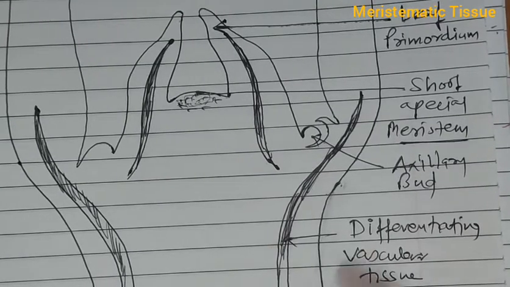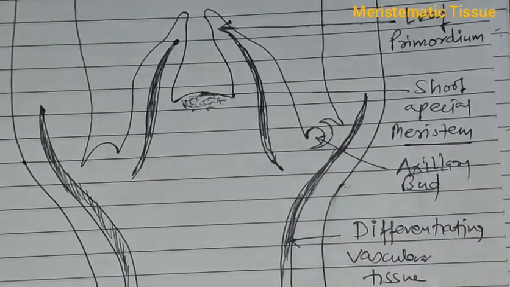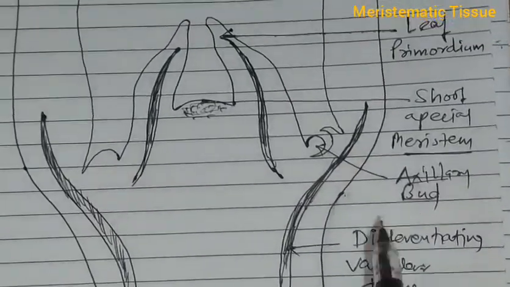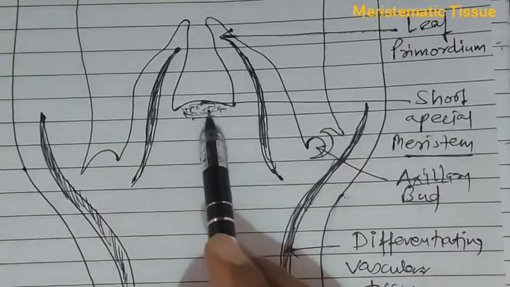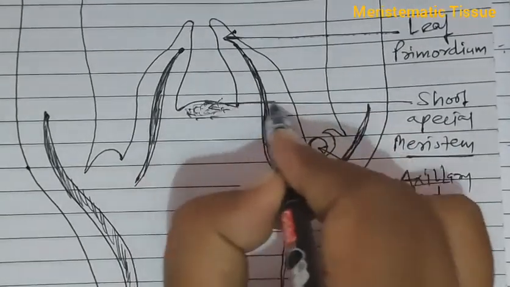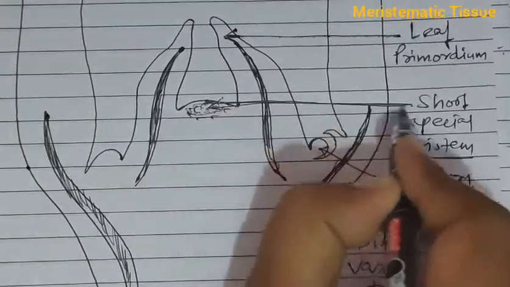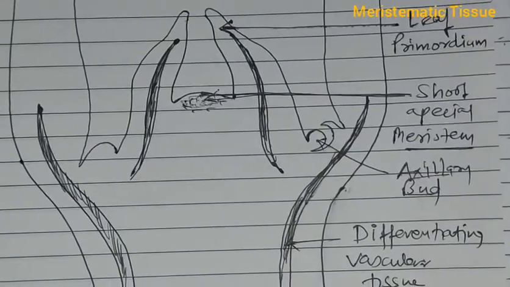Now here we hear one term, axillary bud. So remember how this axillary bud forms. Some of the cells left behind from the shoot apical meristem form this axillary bud.